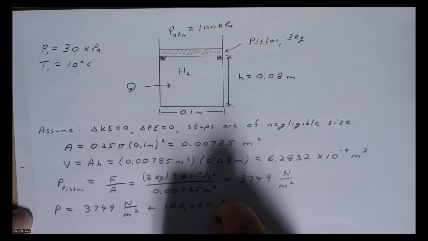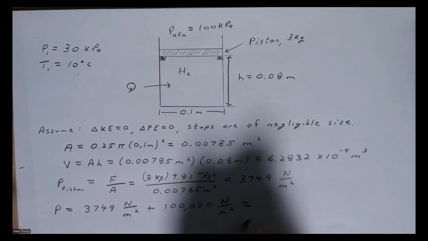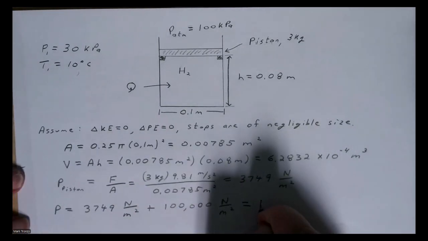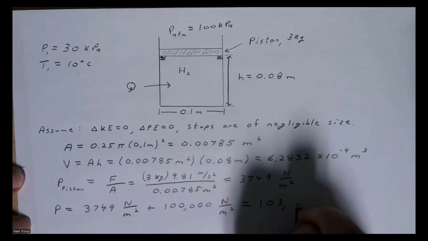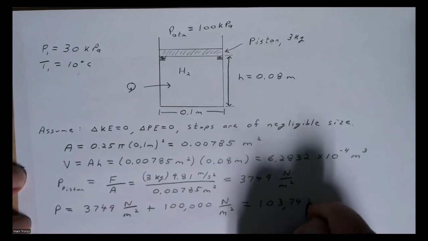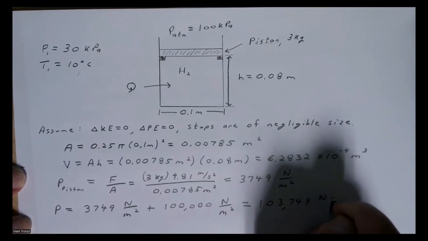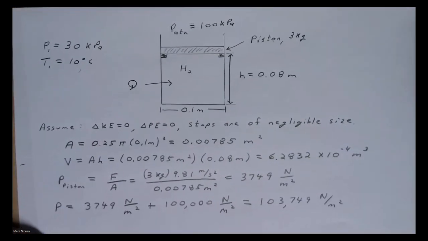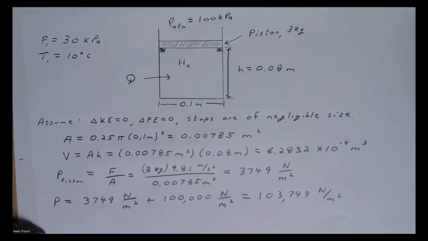Again, a pascal is a newton per meter squared. And so this is going to be 103,749 newtons per meter squared. And actually, you can see in this case, the pressure caused by the piston itself is almost negligible compared to atmospheric pressure.